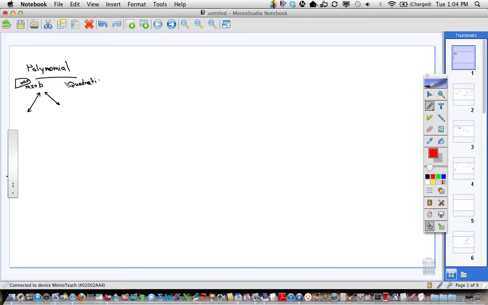Second degree. Like ax squared plus bx plus c. Now, I'm not going to write all that every time. But what kind of picture do those make? Quadratic equation. Parabolas. Now, parabolas are either going to open up or they're going to open down. How do you tell if they open up or down? The a, right?